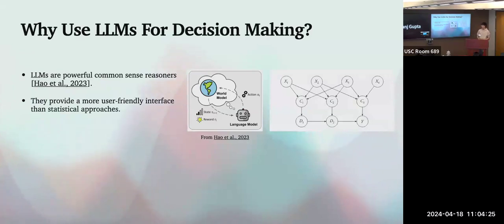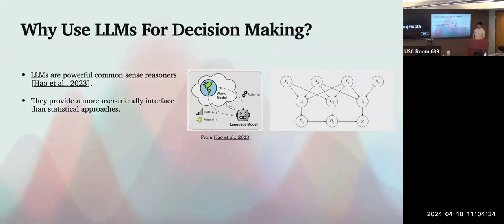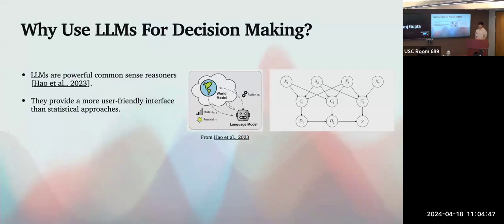The second is that it provides a more user-friendly interface than traditional statistical approaches. A lot of the prior work on decision making under uncertainty involves Bayesian networks or probabilistic graphical models, which are pretty involved for us to actually study and develop.